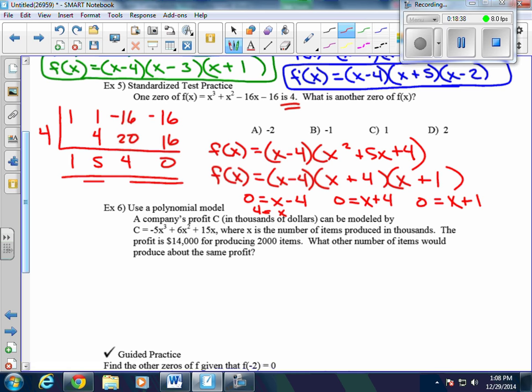What we already know. Here, x equals -4, and here, x equals -1. So -1 is the other one that's given there, but -4 would also be one of the zeros. So here we have 3 zeros, 4, -4, and -1. All of these numbers are solutions to that problem.